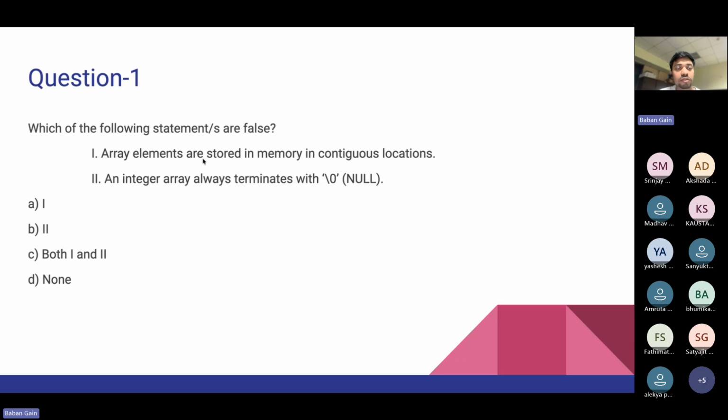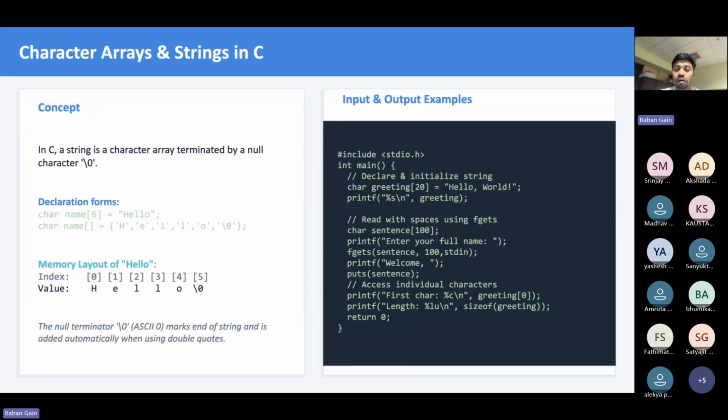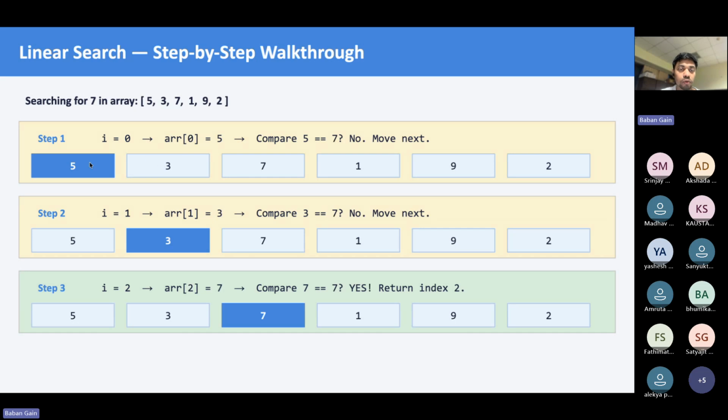Let me check one by one. Array elements are stored in memory in contiguous locations. That is absolutely true, because even in the memory, it is stored one after another. That is why it is very fast to access an element in the array, because I know that at the 1000th location I have the number 0, like the first number, and at 1001 we have the next number, like that.